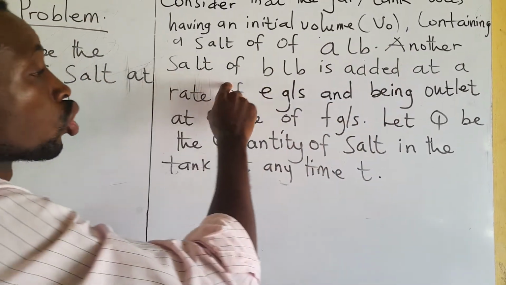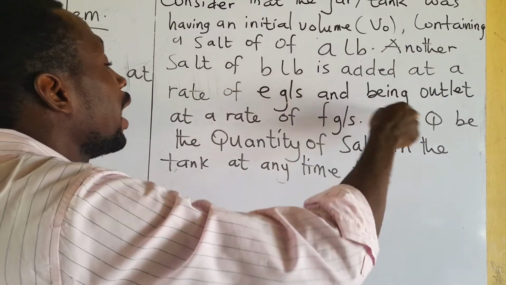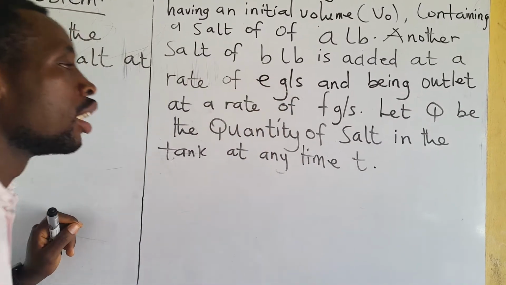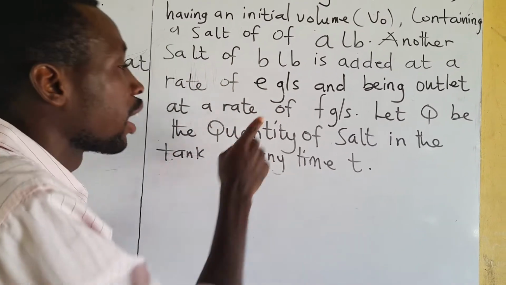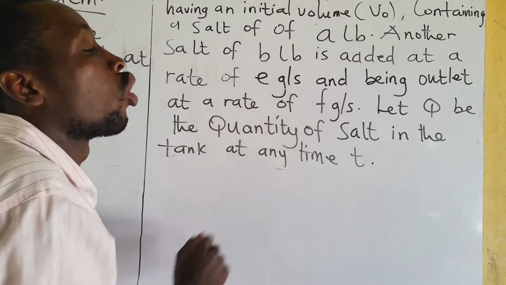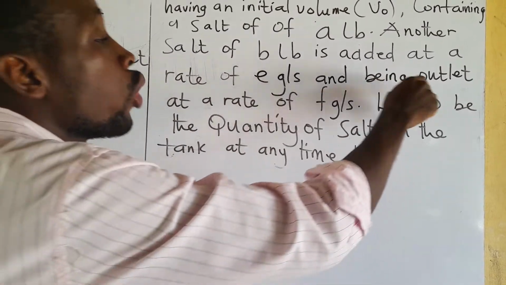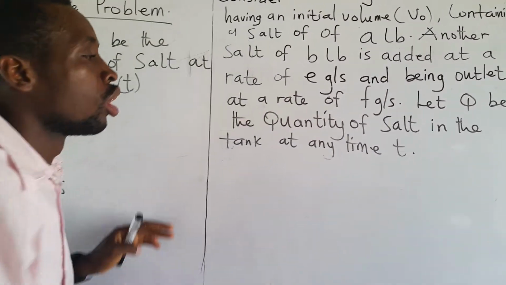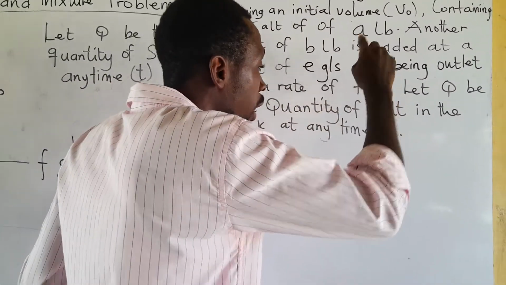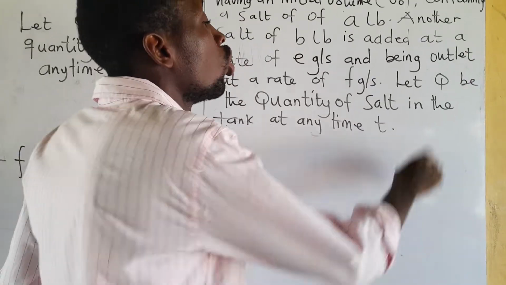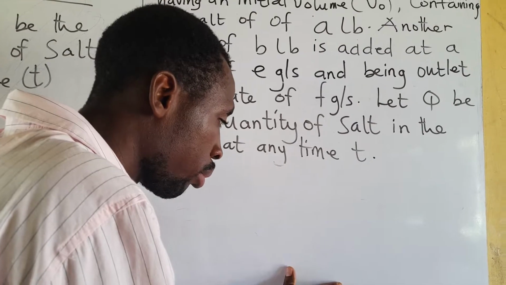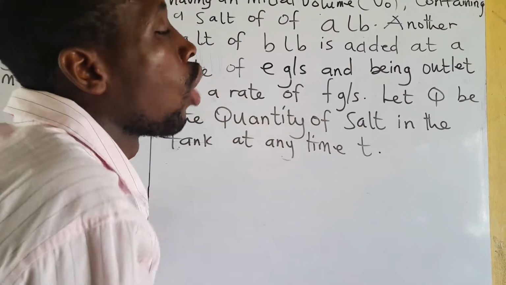Then another salt of B pounds is added at a rate of E gallons per second. That means at every second we add E gallons. And we let it come out at a rate of maybe F gallons per second. So if Q is the quantity of salt at any point in time T, let's see what happens.